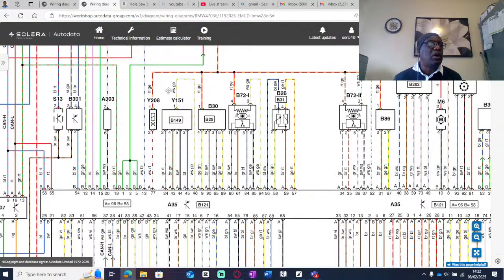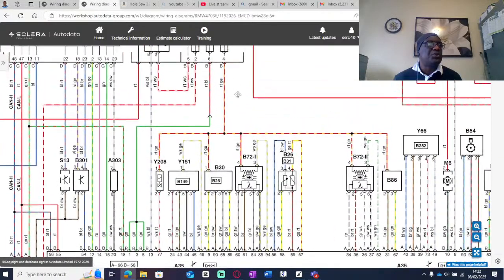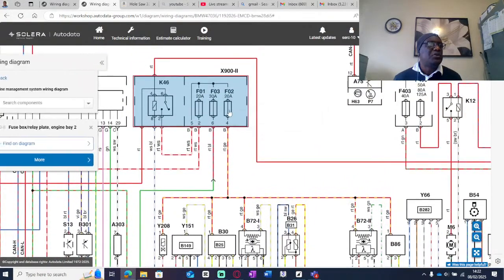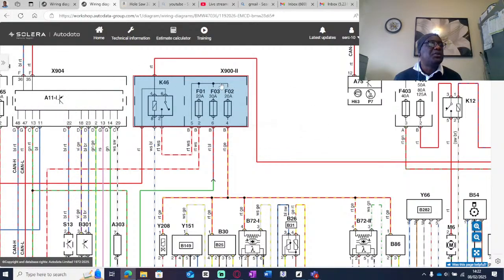So let me talk about this area here. There's something interesting that I want to show you in this area. We want to look at this fuse here, fuse number 2. Where does fuse number 2 get its power? It gets its power from the engine control relay.